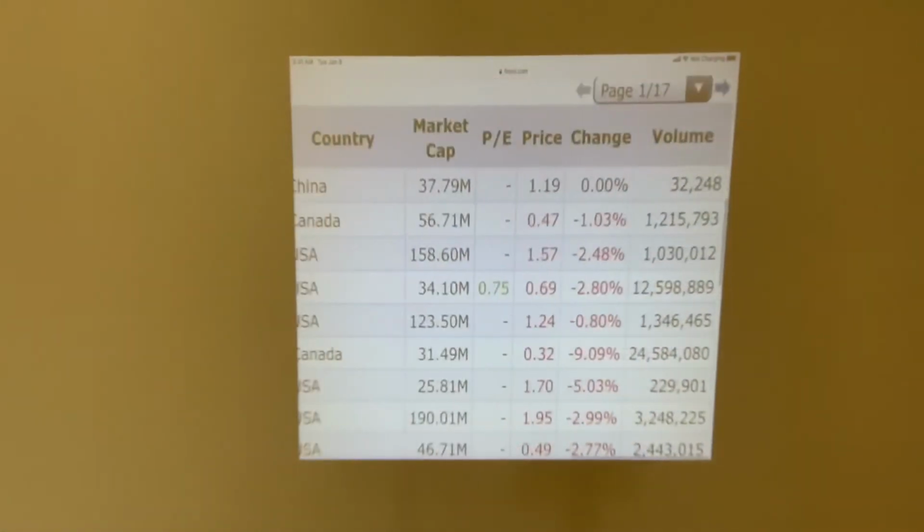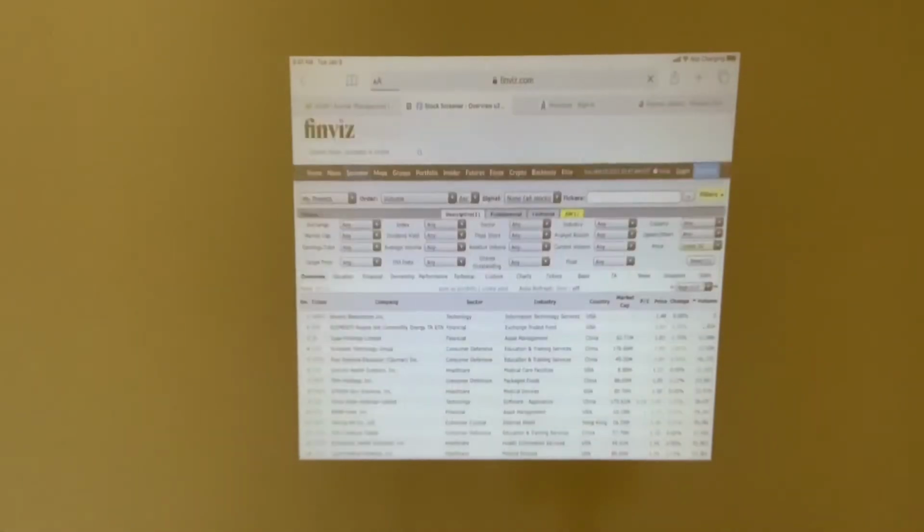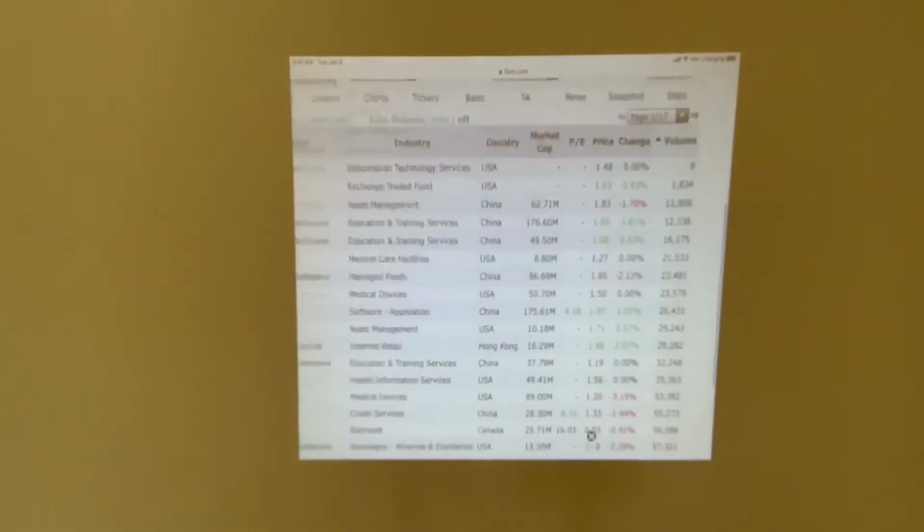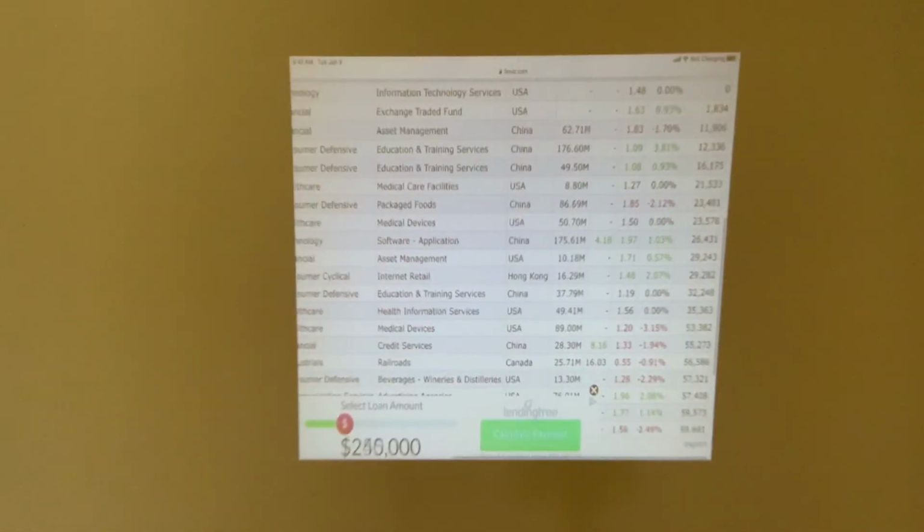Okay, so the second thing we need to look for, which is very important to us, is the volume of the trades, meaning how active the stock is. The higher the volume, the more active the stock is. Right here, we are interested in stocks that meet at least 1 million trades a day on average. Now you look at the volume on the far right.